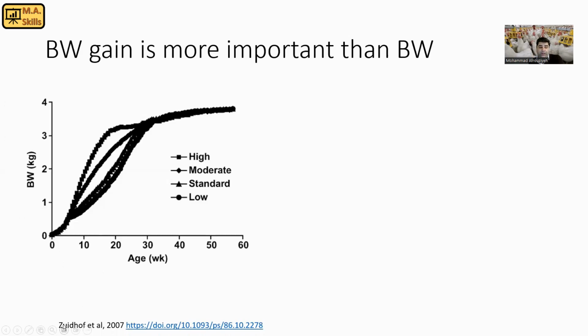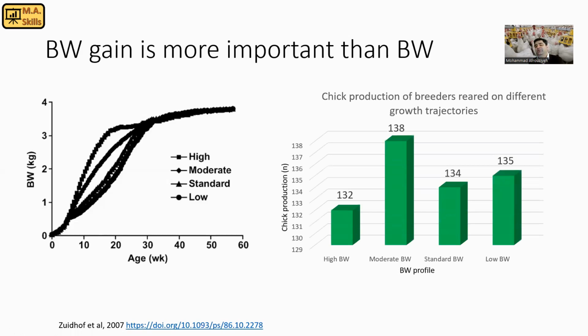And the link is here, if you want to have a look at the article. Zuidhof et al., 2007. The results are really interesting. Chick production of breeders reared on different growth trajectories.